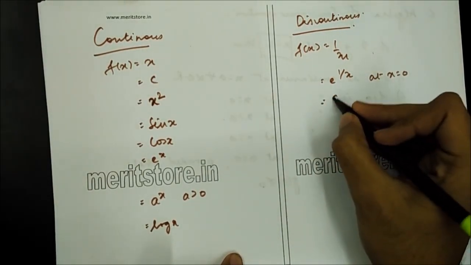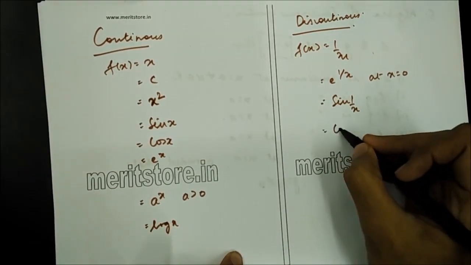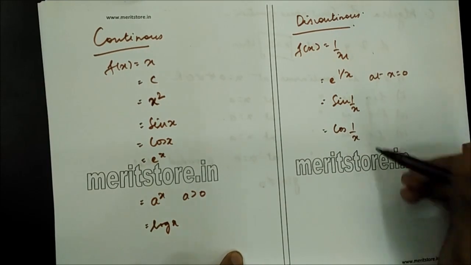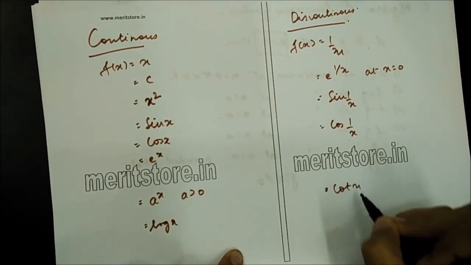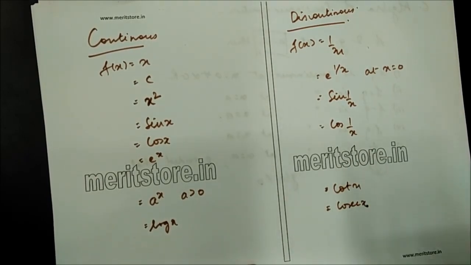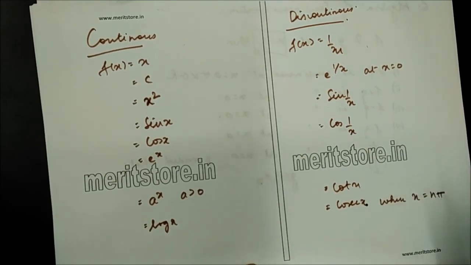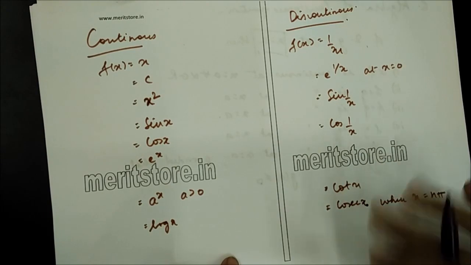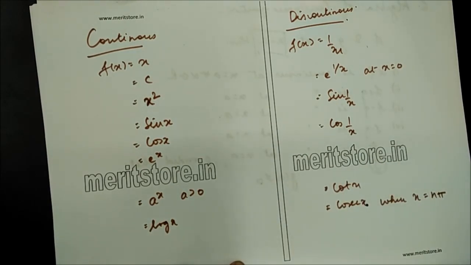F of x is equal to sin 1 by x is a discontinuous function, and f of x is equal to cos 1 by x is a discontinuous function, and f of x is equal to cot x and cosec x is also a discontinuous function when x is equal to n pi. So these basically are all the discontinuous functions.